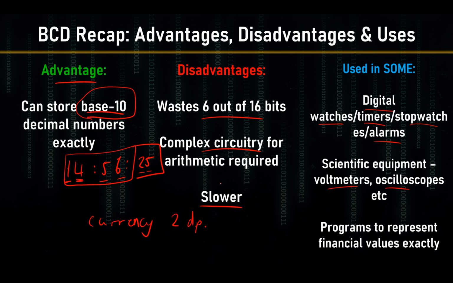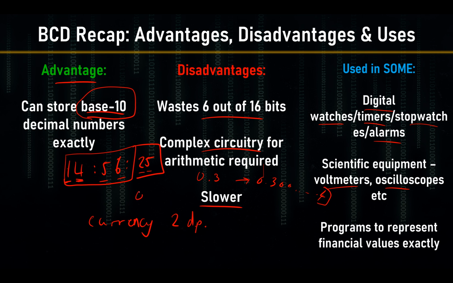Because if you think, let's say you've got some financial value. You wouldn't want to add 0.3 to your account and instead it adds 0.30004. Actually, in that case it's probably good, because you're going to get more money. But if you were paying someone, you wouldn't want to pay them more.